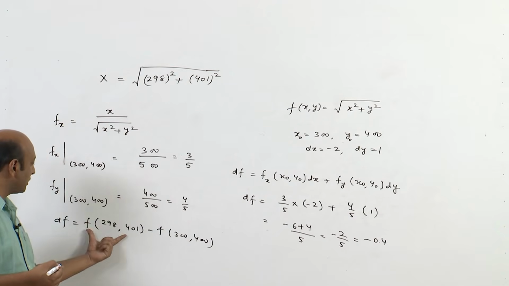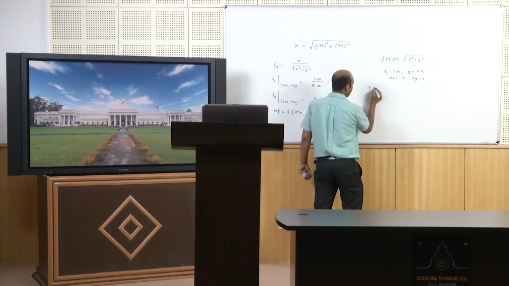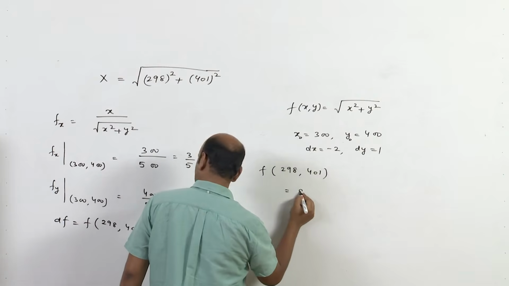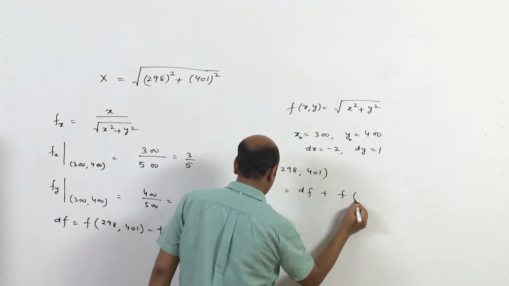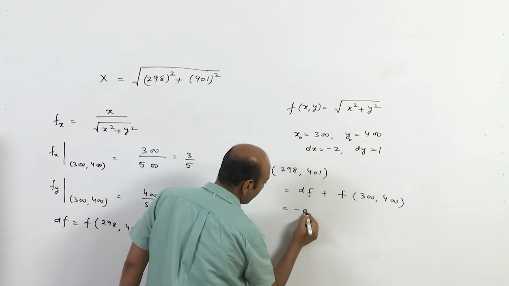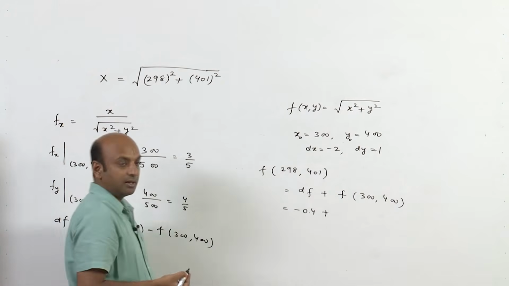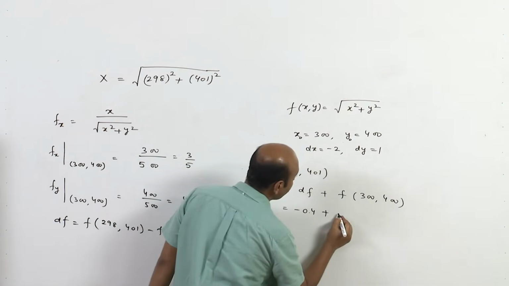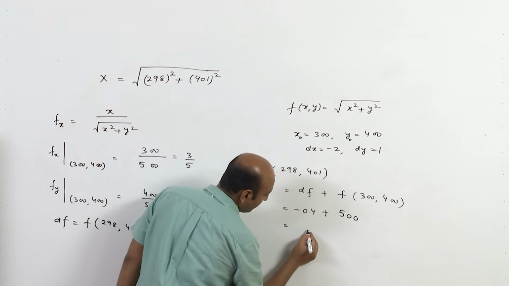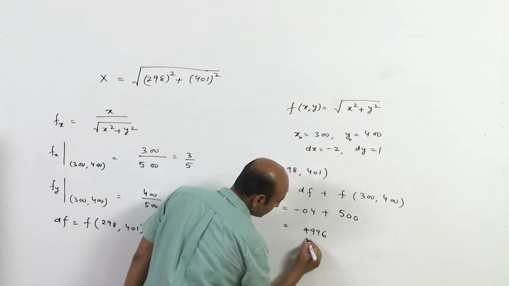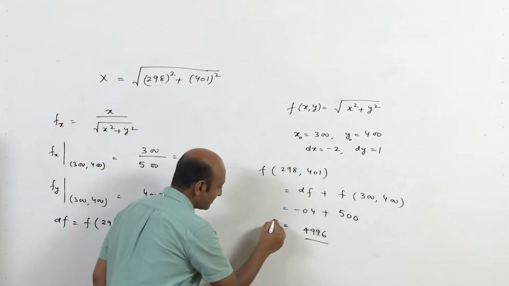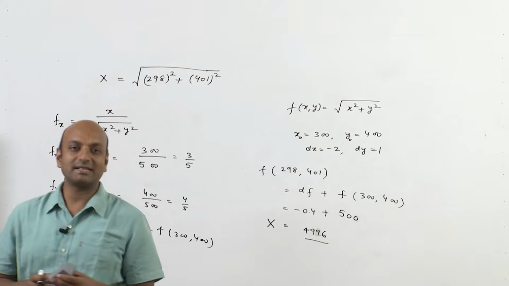So, f at (298, 401) will be df plus f at (300, 400), and df is minus 0.4 as we have already computed, and this is simply 500. You substitute it here, so this will be 499.6. So, the approximate value of this capital X will be 499.6.